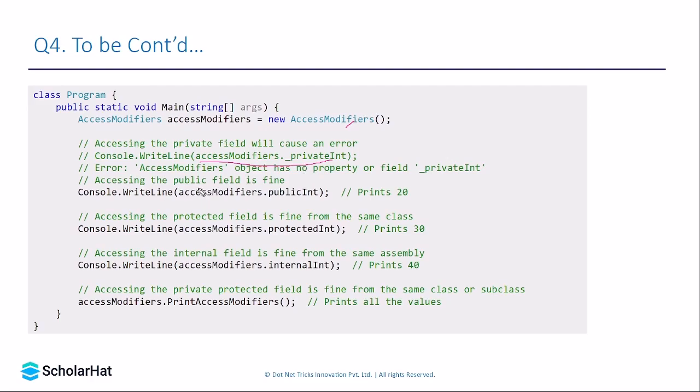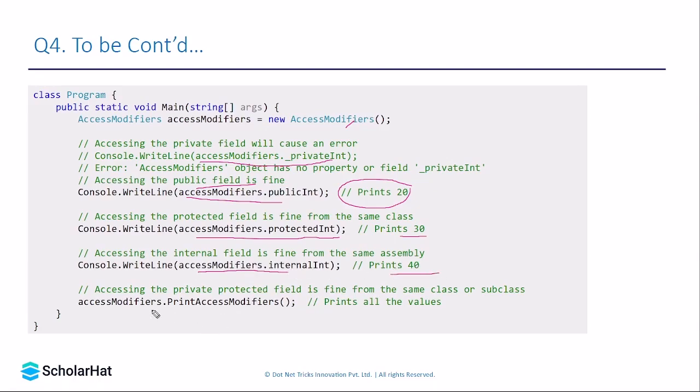We can access the public field because the public field has the least restriction. So whenever you write access modifier dot public int, it will print the value of the public field, that is 20 in this case. We can access the protected field as well using the same concept, and it will print the protected field. We can access the internal field as well, and it will print the internal field.